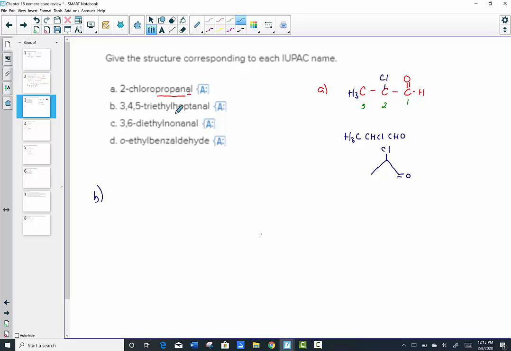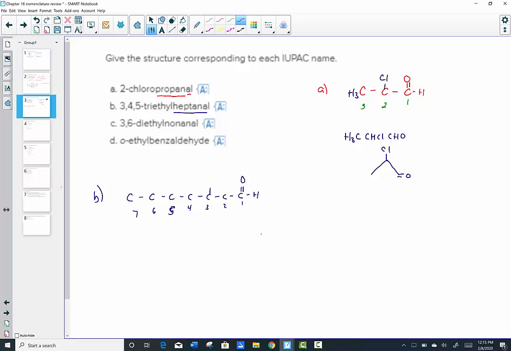Let's look at letter B. Heptanal. 1, 2, 3, 4, 5, 6, 7. 7 carbons. And I just tend to make the functional group of the aldehyde at the end and call it carbon 1. And so if I just number from right to left, there's my 7 carbon chain.